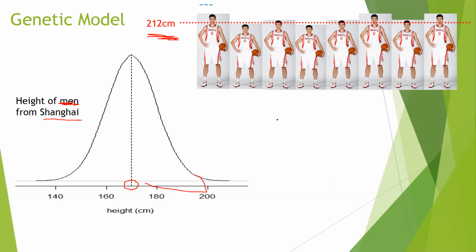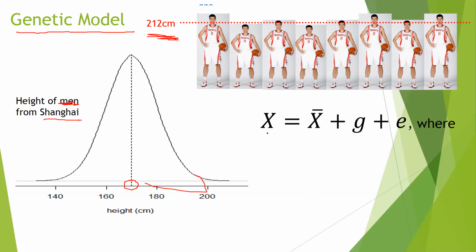All right. So now let's learn how we can use a genetic model to help us understand genetics behind this famous family, right? So this X is the phenotypic value for Yao Ming. Okay, this X equals to, cannot see the number because, yeah, the top slide was hidden.